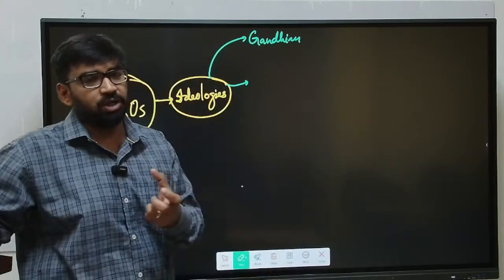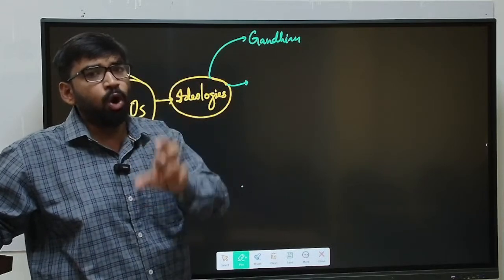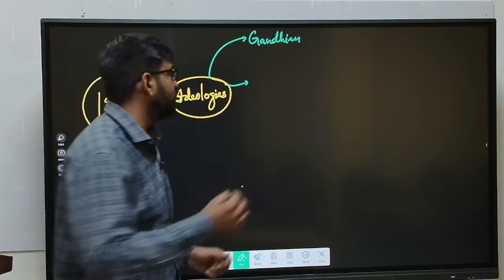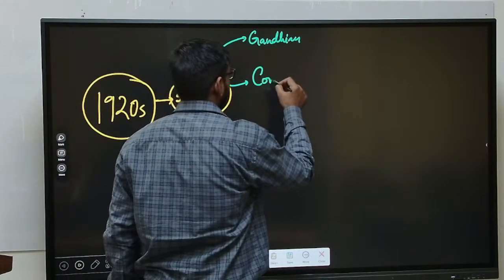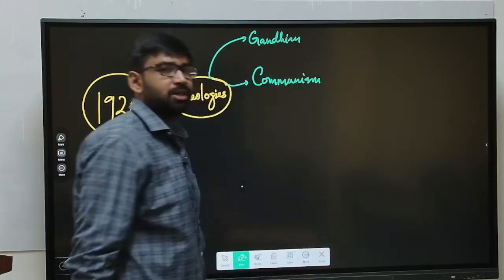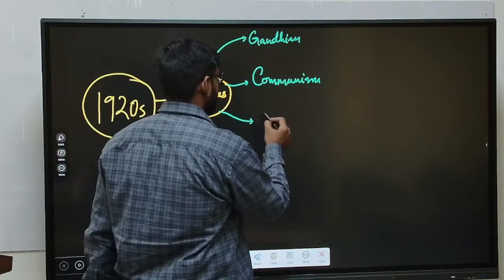So Russian Revolution also resulted in the change of global politics. So after 1917 in India, you will see the birth of communism. Communism, another ideology.